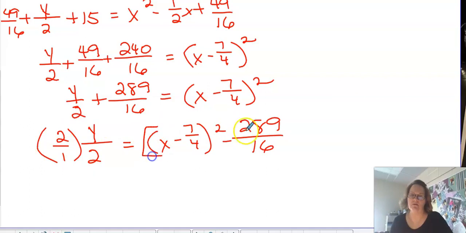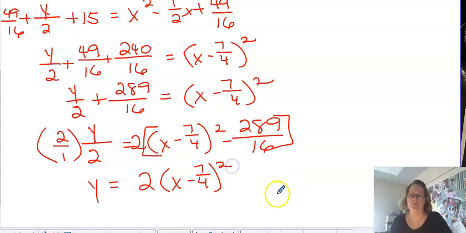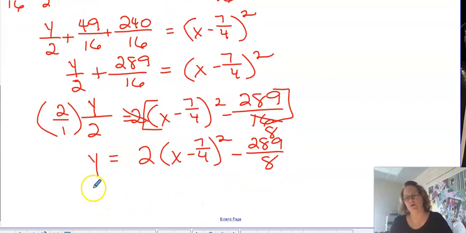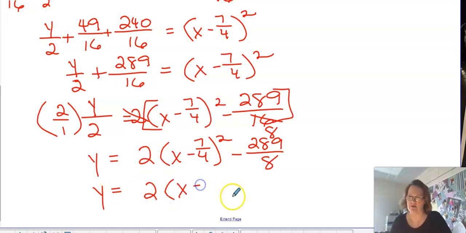So I'm going to take this entire thing and multiply times 2. Y equals 2 times x minus 7/4 quantity squared. And then 2 times this, the 2 and the 16 cancel, and that becomes an 8, minus 289/8.